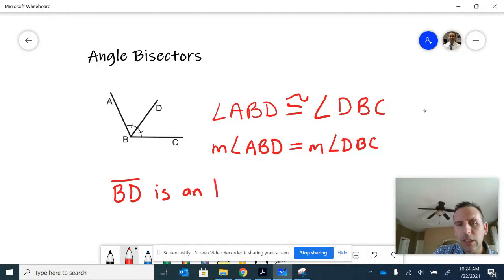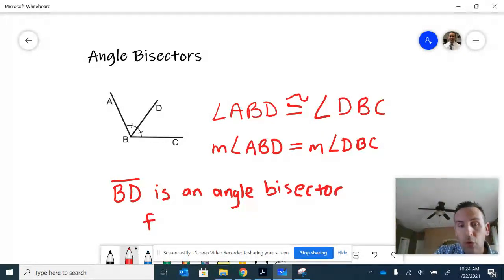It cuts this angle exactly in half, whatever the measure is. So I say BD is an angle bisector for angle ABC, the big angle.